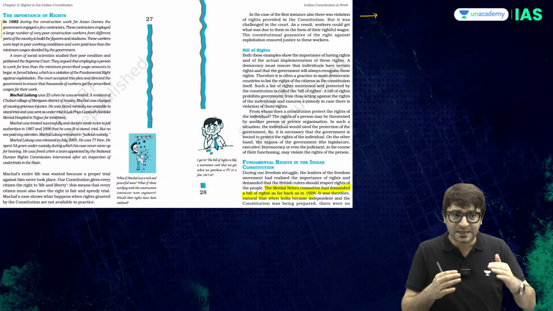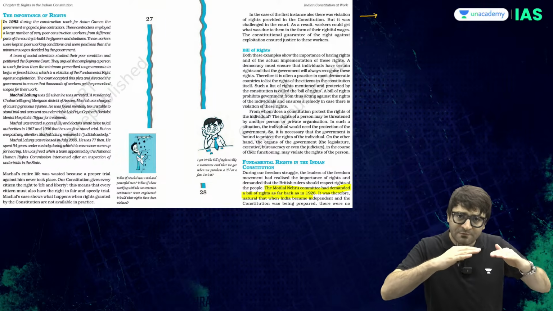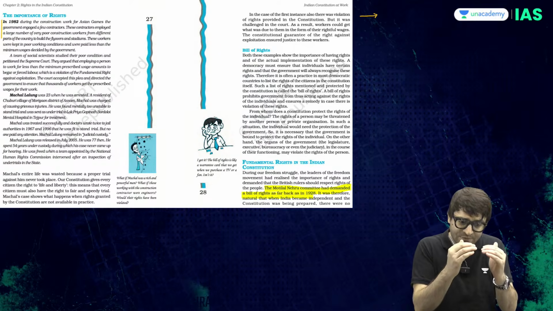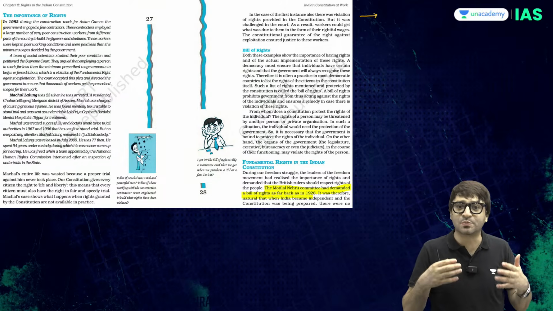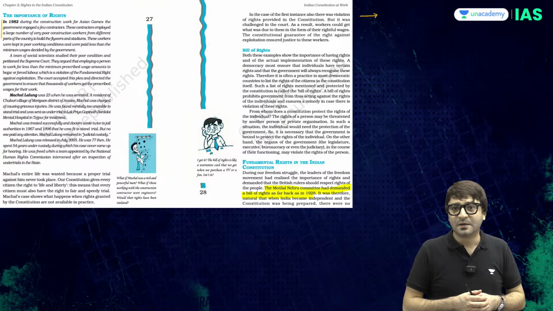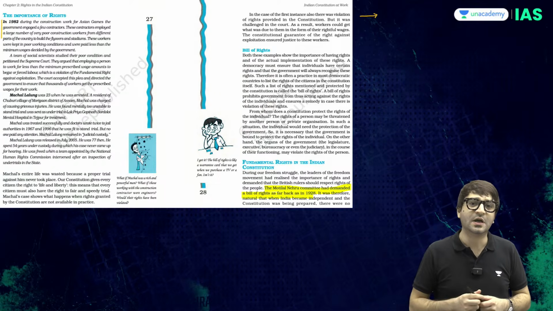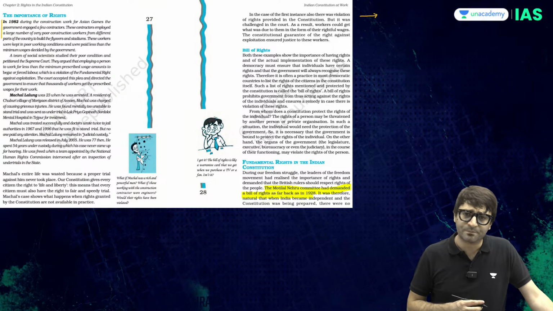Enough in the sense, they were paid less than the minimum wages. So minimum wages are to be set, below which you can't pay any worker. Even below that, these workers were paid because these workers were tasked of making flyovers or bridges or stadiums to get ready for the Asian Games in Delhi in 1982.